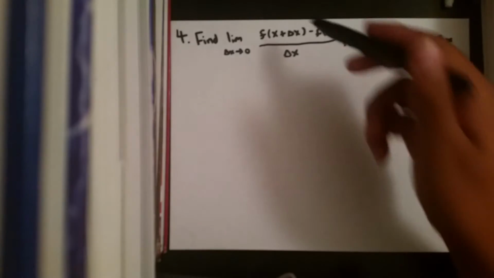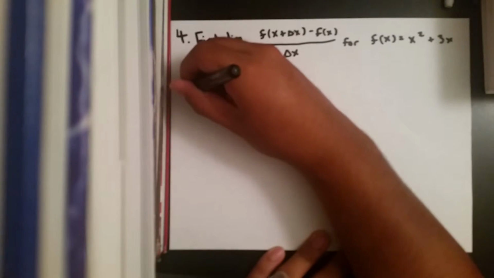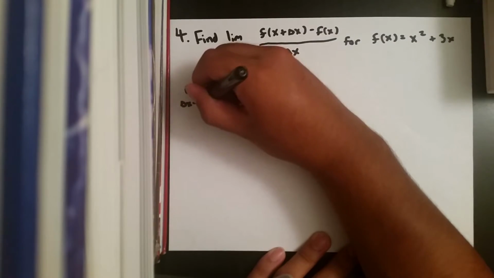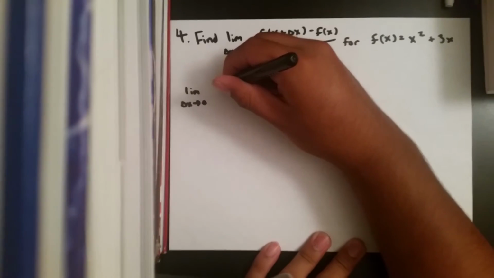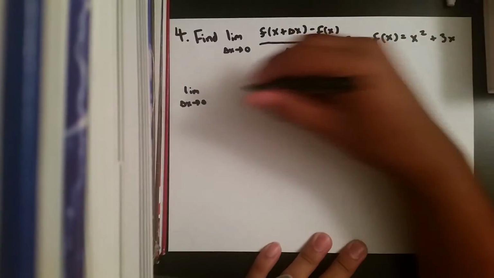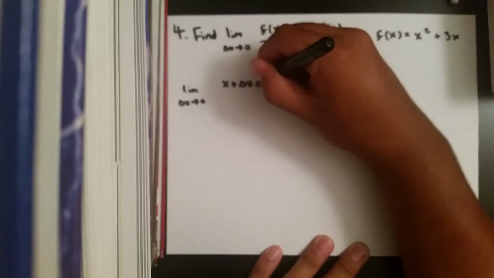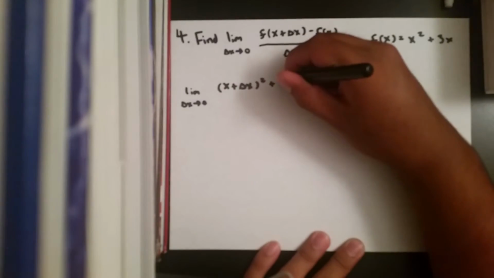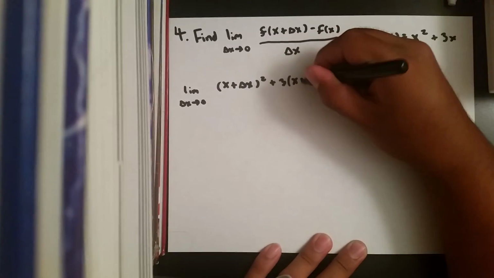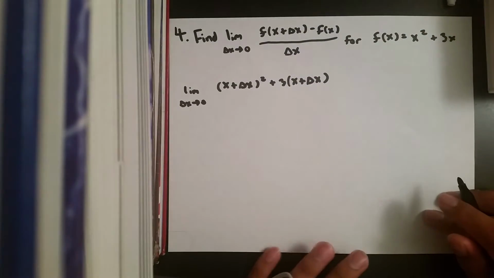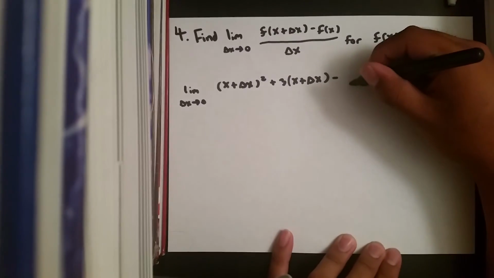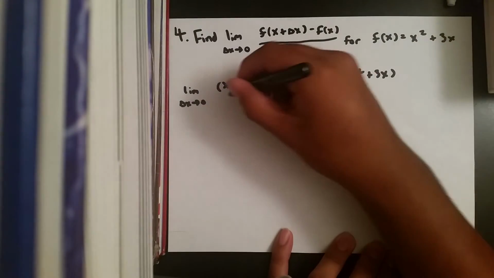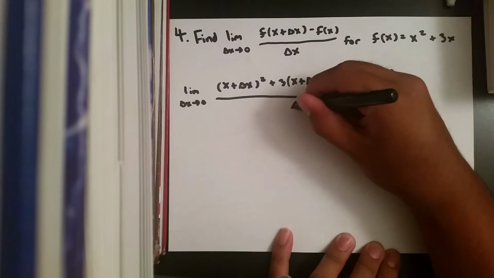So, what I mean is, you're looking for the limit as delta x goes to 0 of, here we'd go x plus delta x squared, it's first x, and then you're going to do plus 3 your second x, so x plus delta x, and then minus f of x, so it's simply minus, put it in parentheses, x squared plus 3x, and all of this is over delta x.